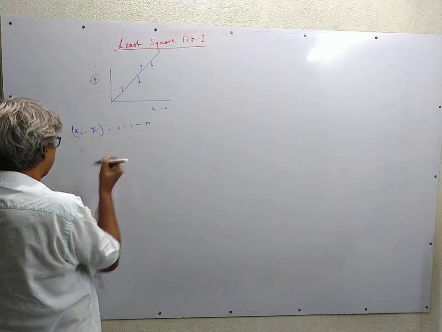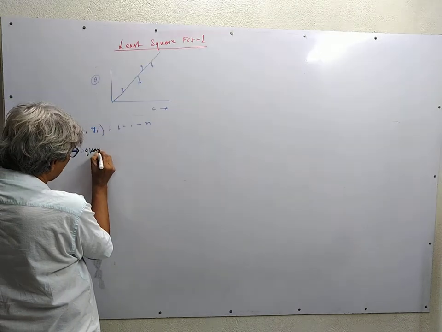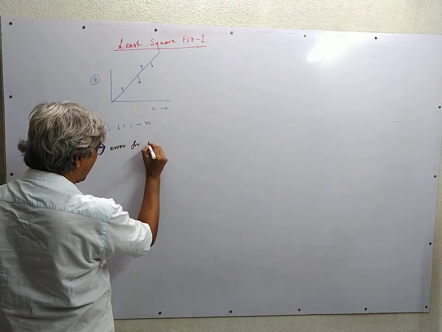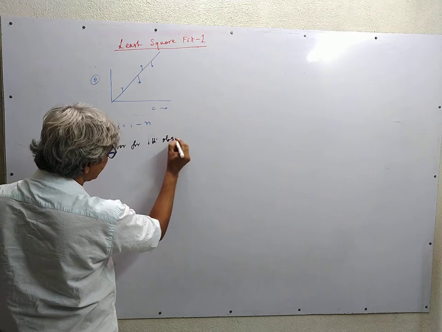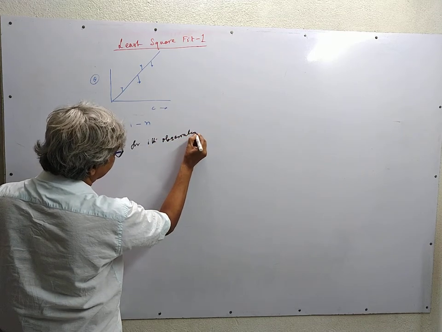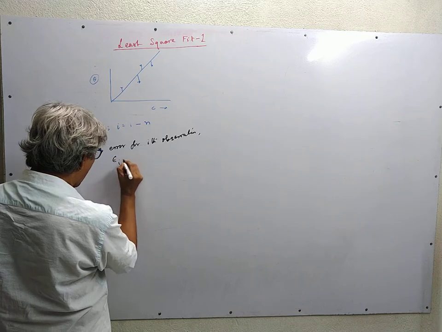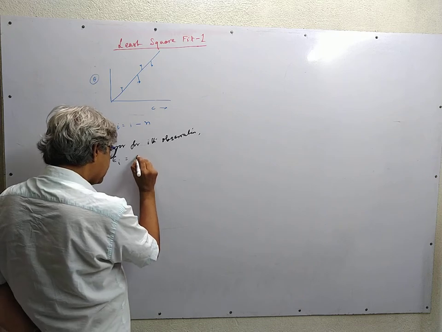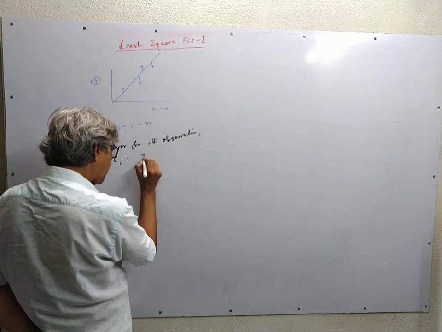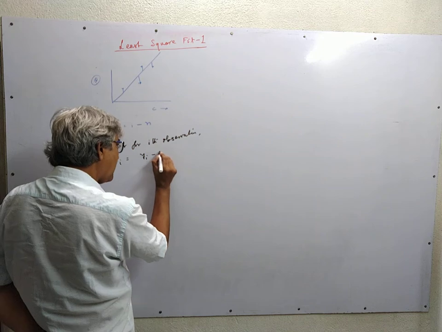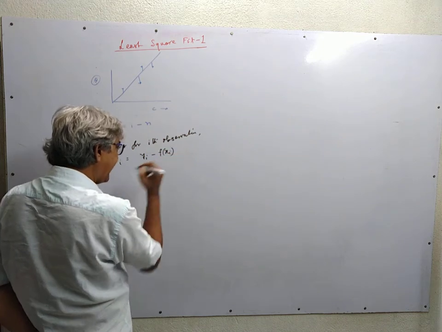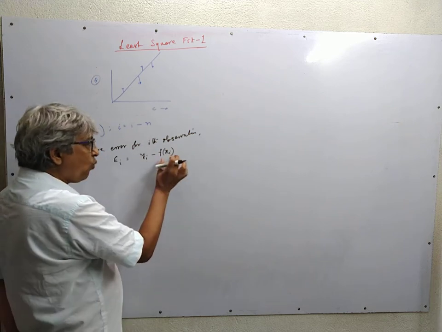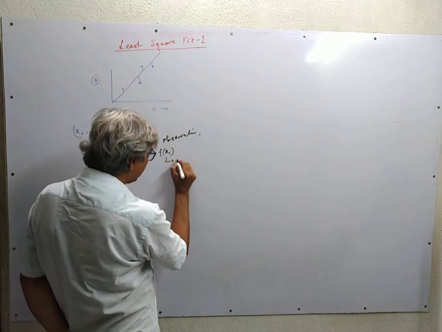Square error for the ith observation, epsilon i, is equal to the observed value yi minus the corresponding value f of xi. This f of xi is with optimized parameter.